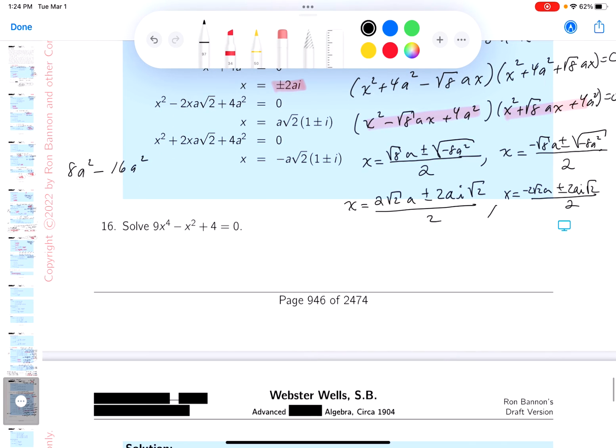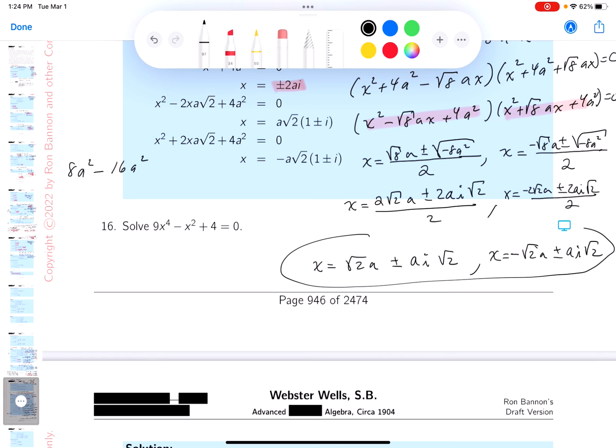Got to do some arithmetic. What do you get there? Root 2a plus or minus ai root 2, and this one's going to be x equals minus root 2a plus or minus ai root 2. That's the 4 other solutions to the problem.